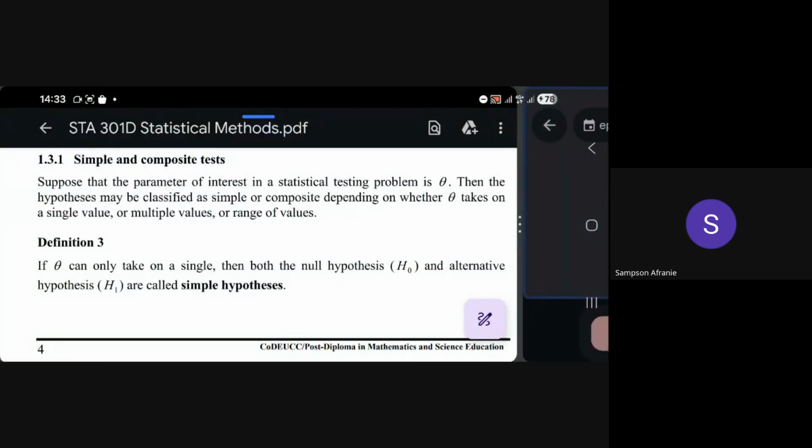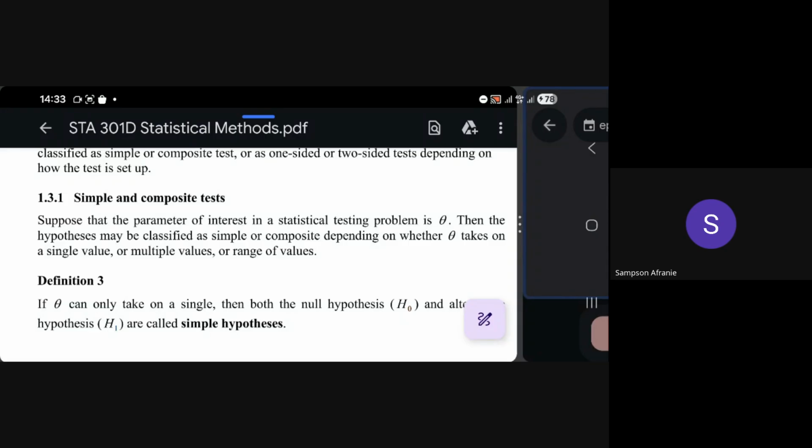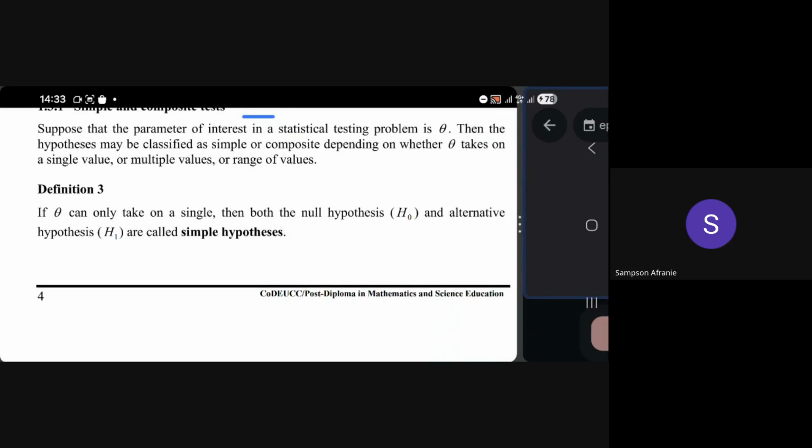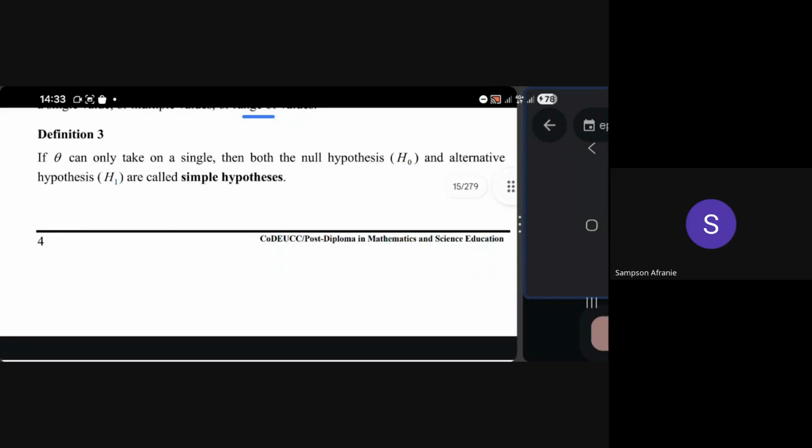The hypothesis can be classified as either simple or composite, depending on what values it takes. If it takes on a single value, then both the null and the alternate hypothesis are called simple hypotheses.